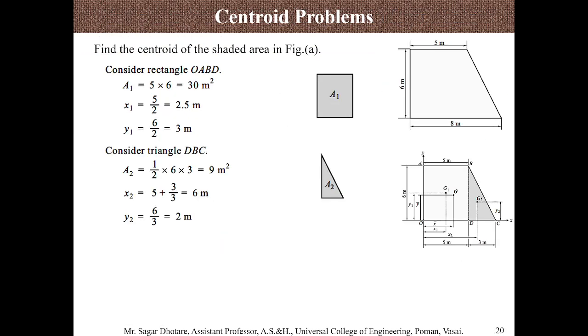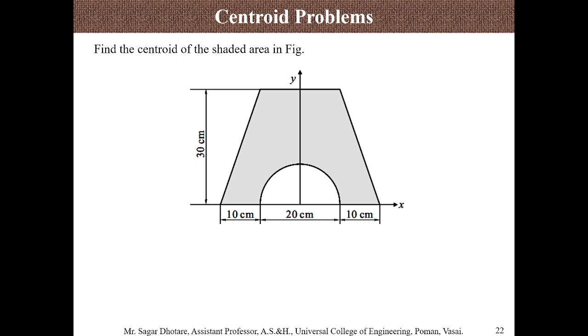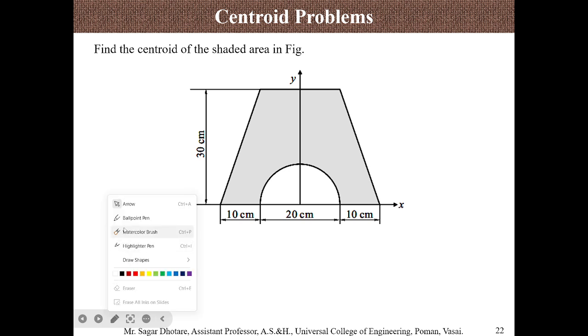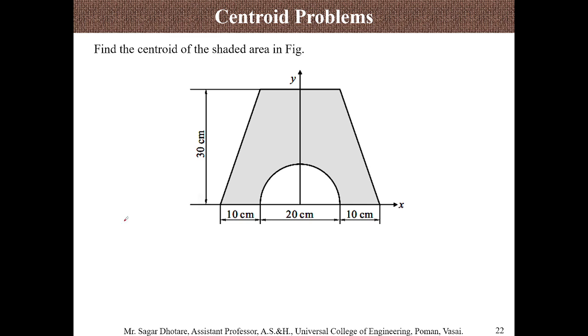With another problem. So, next problem: in this problem there are various different geometries as shown in the figure. I will highlight the types of geometries. This is a semicircle, then this one is a rectangle.